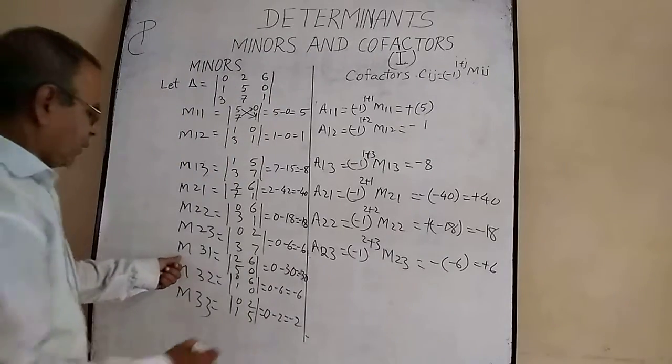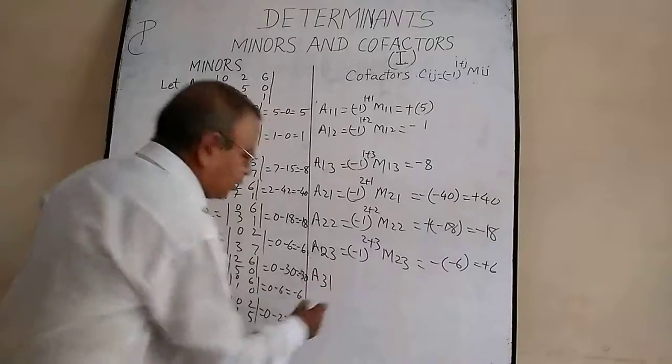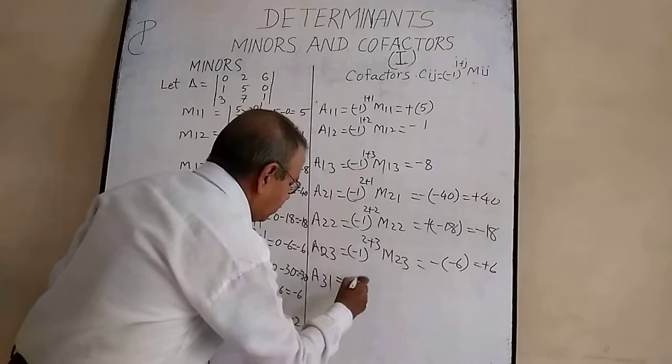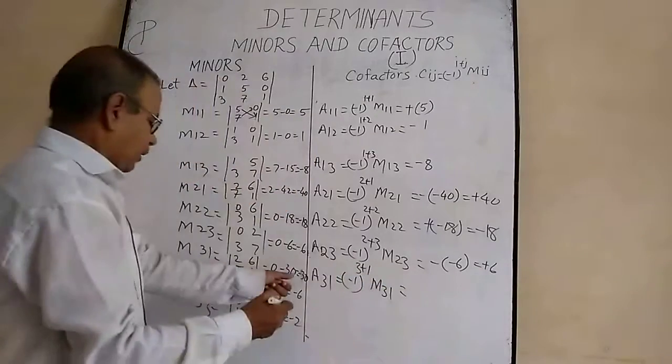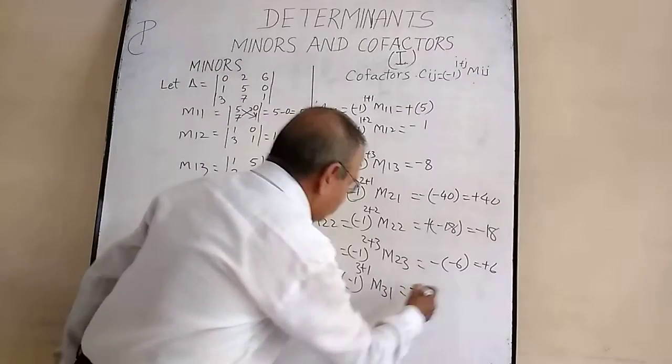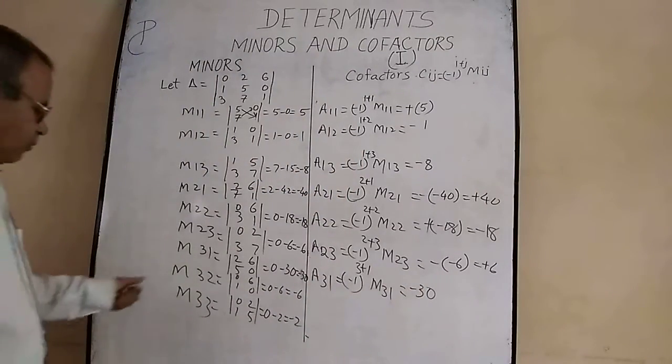Here A31, the cofactor, is minus 1 to the power 3 plus 1 times M31, which is equal to minus 30, because the power of minus 1 is an even number.